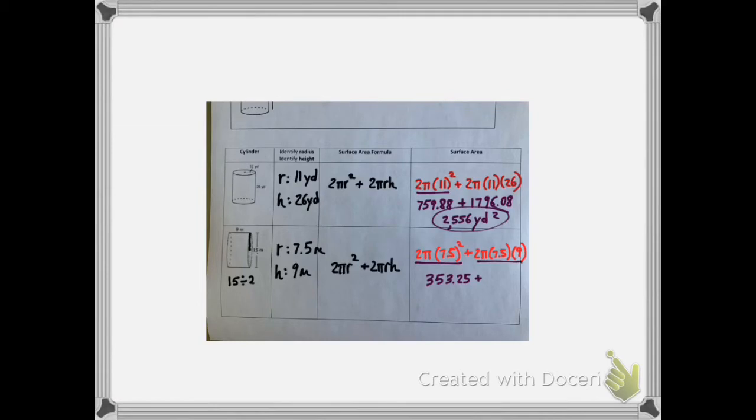Multiplying these numbers together, 2 times 3.14 times 7.5 times 9 is 423.9. Add these and round to the nearest tenth. So let's see, 353.25 plus 423.9. I get 777.2, and the units is meters squared.